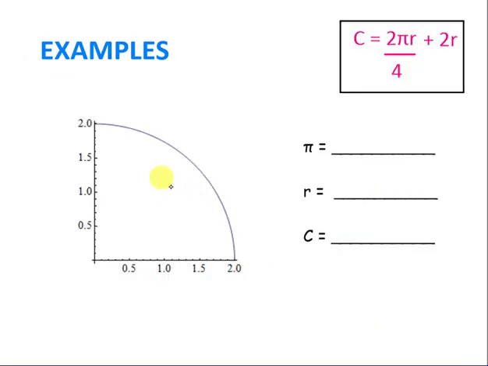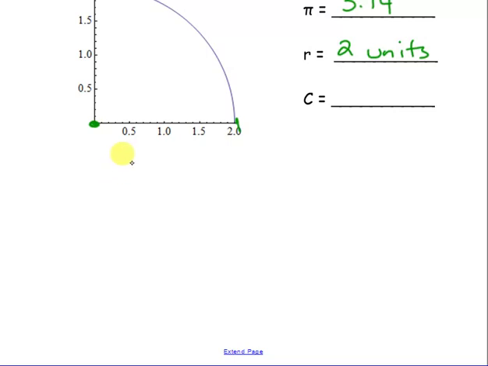All right, now here we have a quarter circle, and it's on a coordinate plane. Our pi is still 3.14, and our radius, which is from the center to the edge, is going to be 2 units. Okay, so let's go ahead and calculate our circumference.